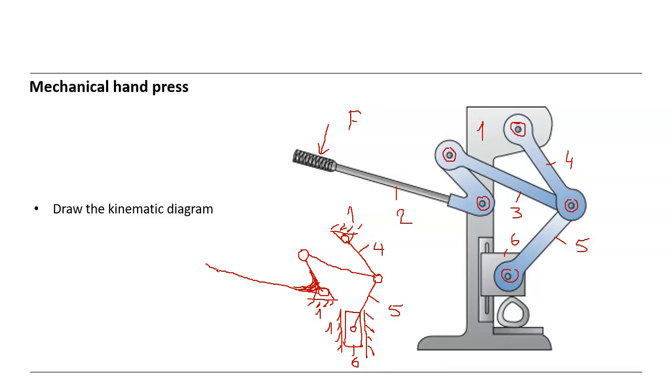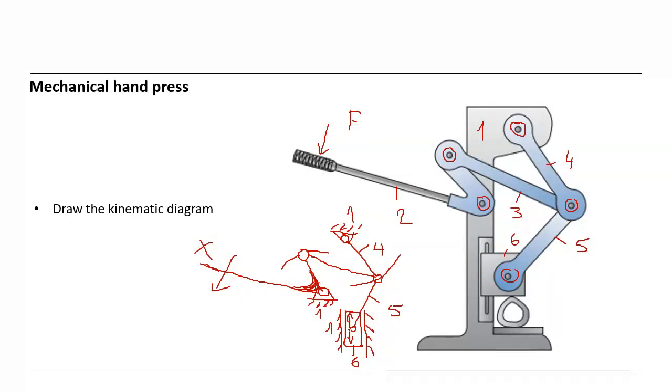So, this is the part, let's say X, where we apply the motion. If we apply the motion in that direction, you can imagine it starts to turn here, makes a circular motion, and then it also turns this joint, executing also a circular motion, and this part makes a linear motion, up and down here.